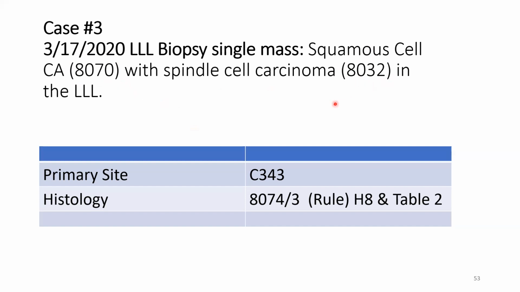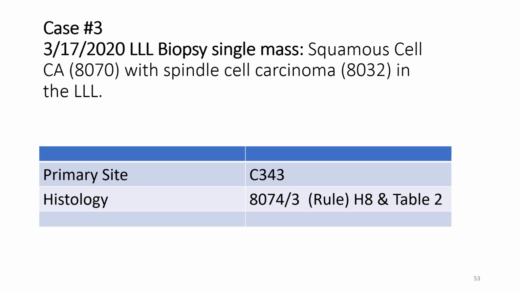And we need to go back. We know we have a single tumor, so we know that's a single primary. We need to go back to the H rules to single tumor header. And that starts at H1. I got to H6, code the subtype variant when there is an NOS or a single subtype variant of that NOS.